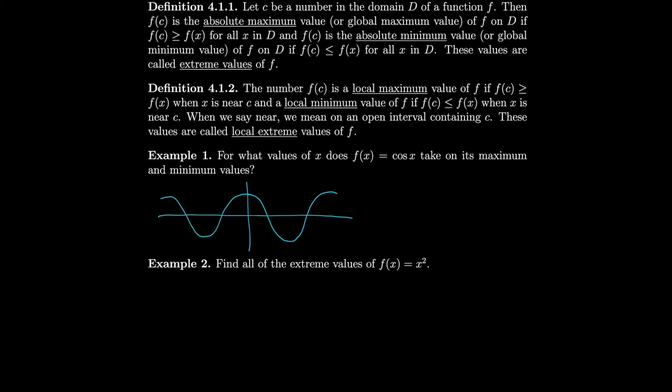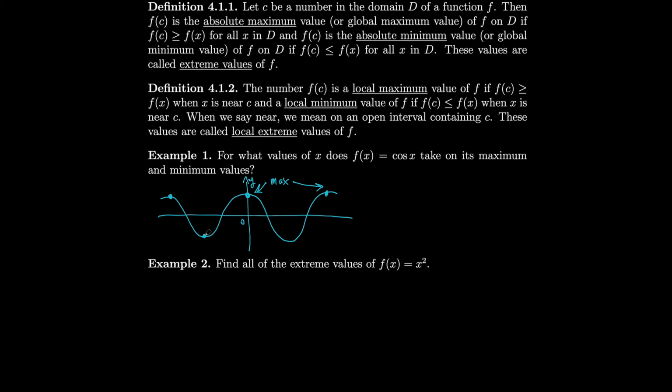So roughly that. It looks like we have a maximum value over here at 1. So that's the maximum value. The maximum value is repeated over here, and it repeats again over here, and it repeats infinitely often.